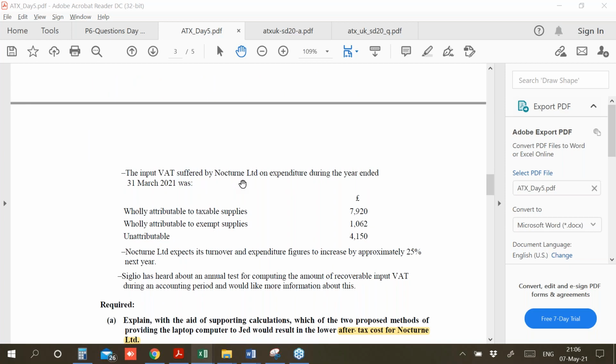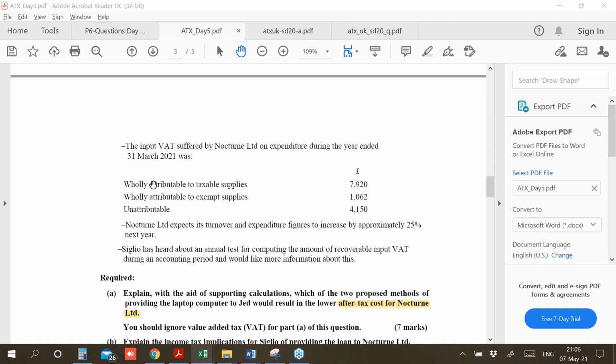These are the input VAT positions suffered by Nocturne Limited on expenditure during the year ended. The amount wholly attributable to taxable supplies is 7920, to exempt supplies is 10662, and the unattributable amount is 4150.